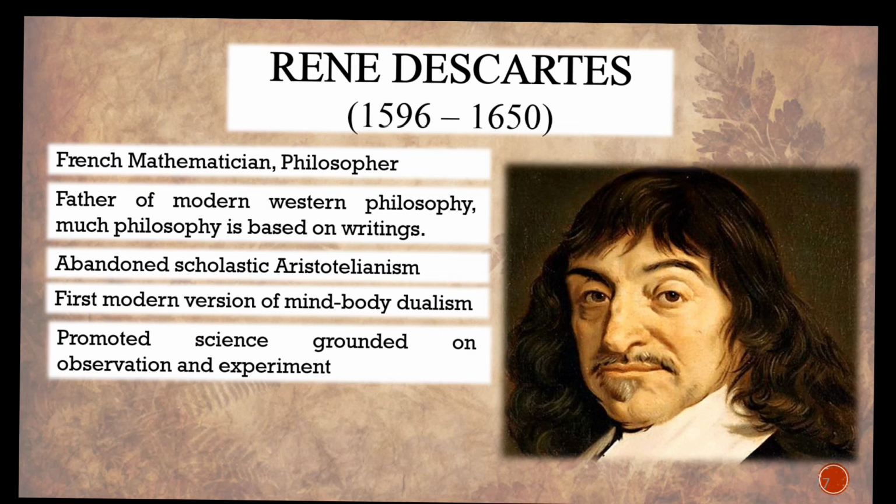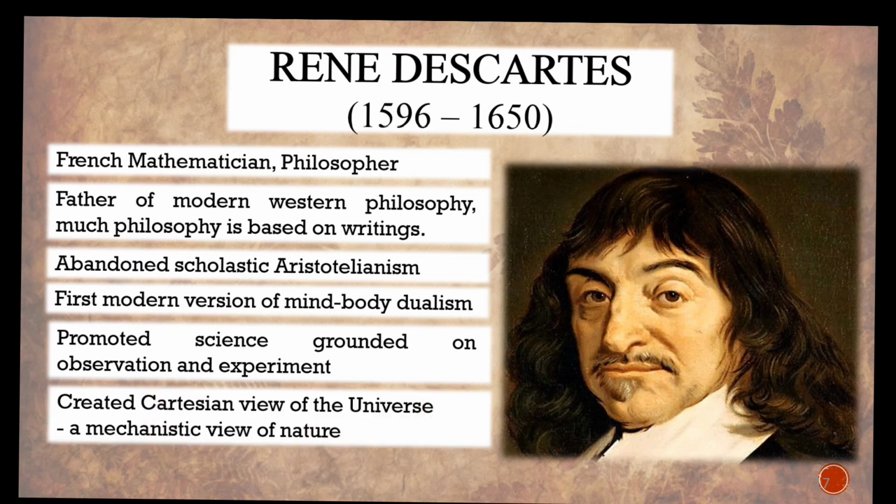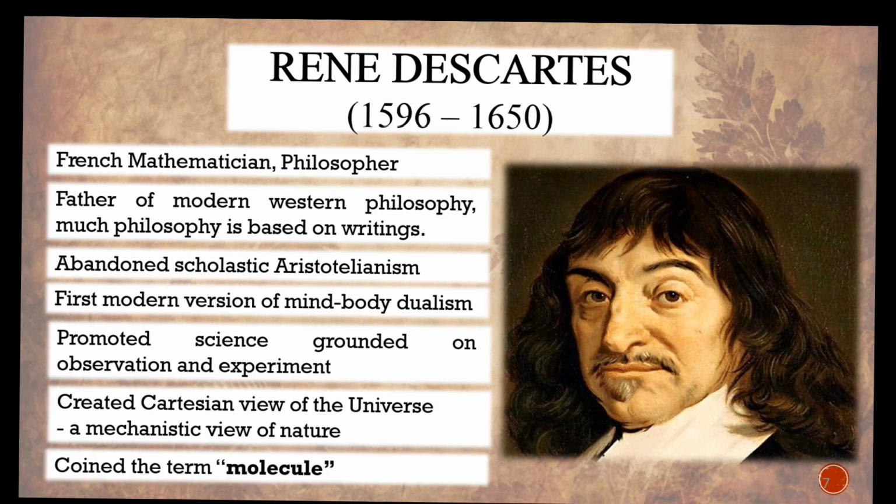And he promoted science grounded on observation and experiment, which up to now we are following. Then he created the Cartesian view of the universe. Then he coined the term molecule. You are familiar with the molecule, so it is from René. Actually, the Cartesian plane is also from him.